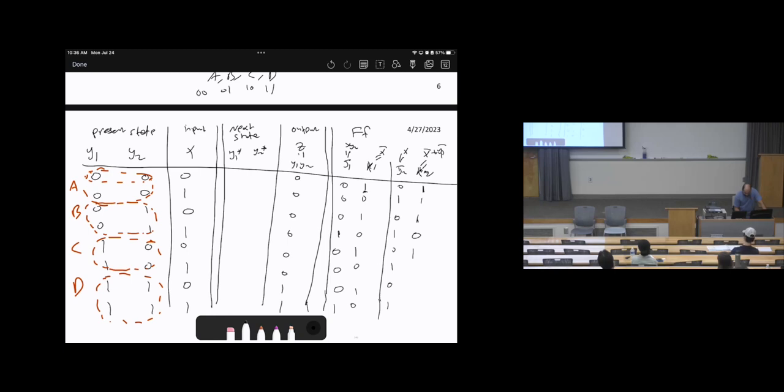Then since there is X bar, look at X bar, it will make it 0, so it will be 0. Then Y1 bar, which makes it 1. This will be 0. So the last 4 are zeros.